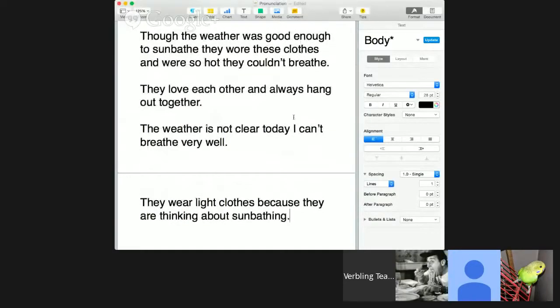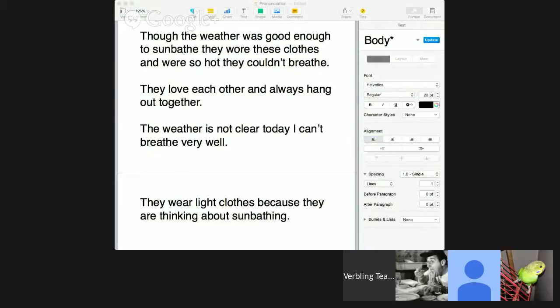And Ali. Okay. Though the weather was good enough to sunbathe, they wore these clothes and were so hot they couldn't breathe. They love each other and always hang out together.